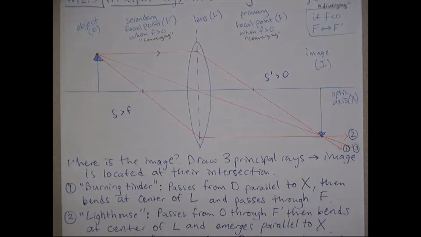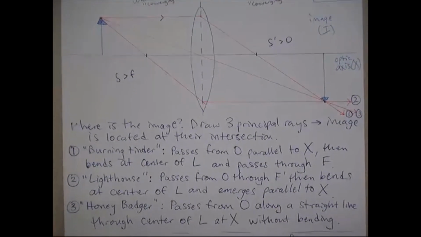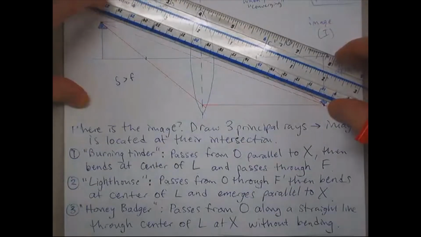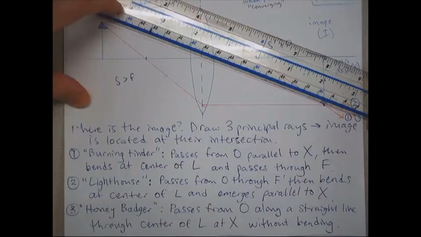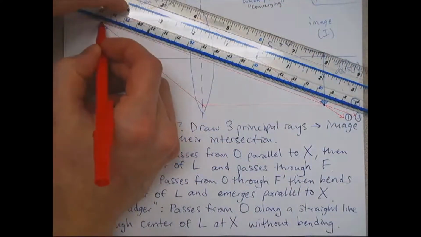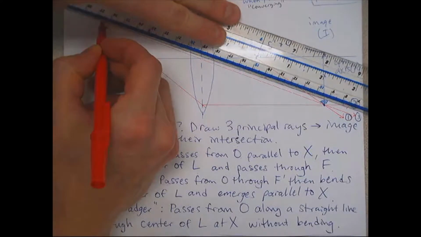The third is this ancient internet meme coming back to haunt you. It is the honey badger. My students named this because the honey badger doesn't care that the lens is in the way of the light.